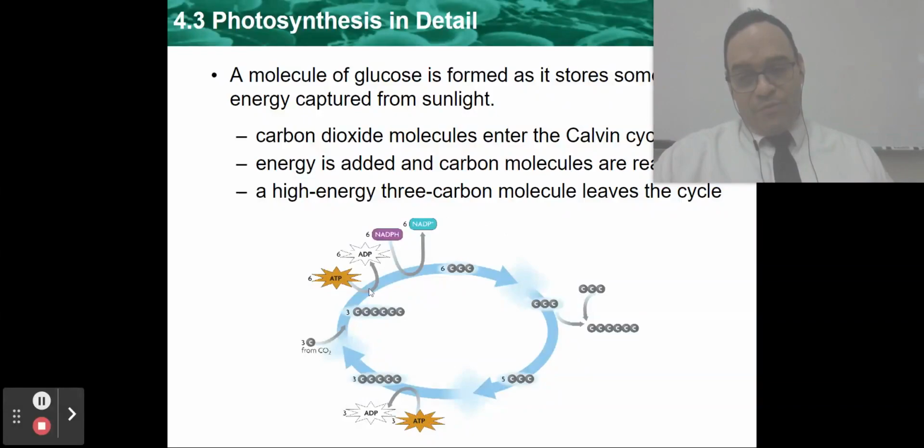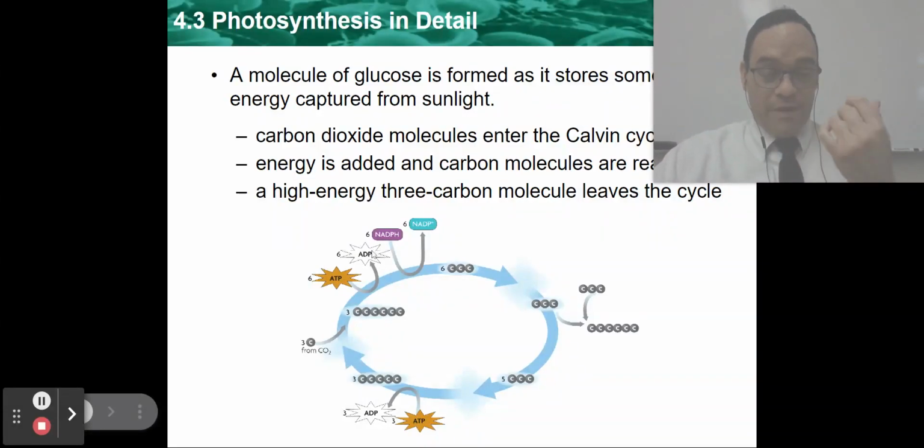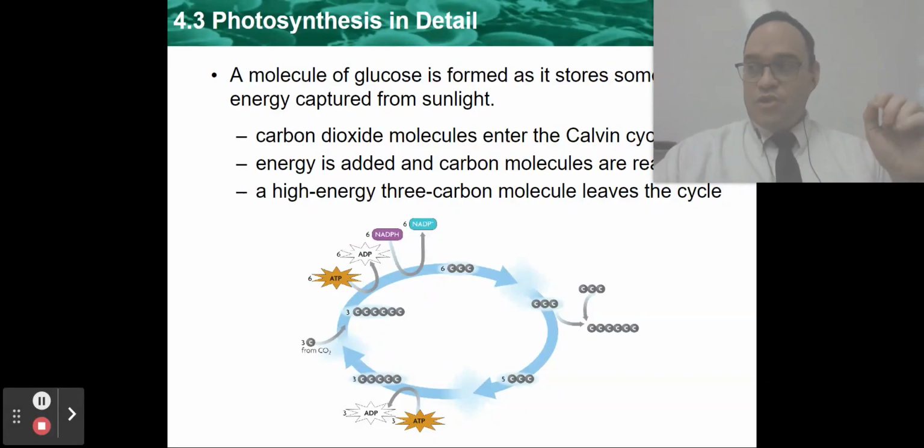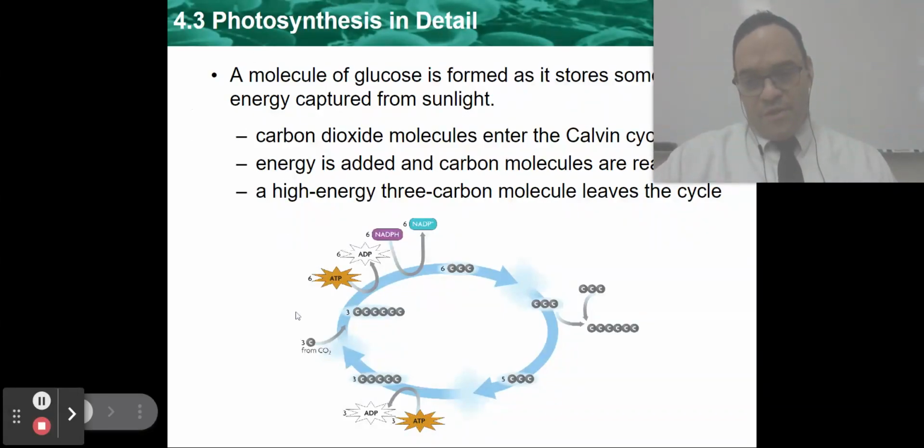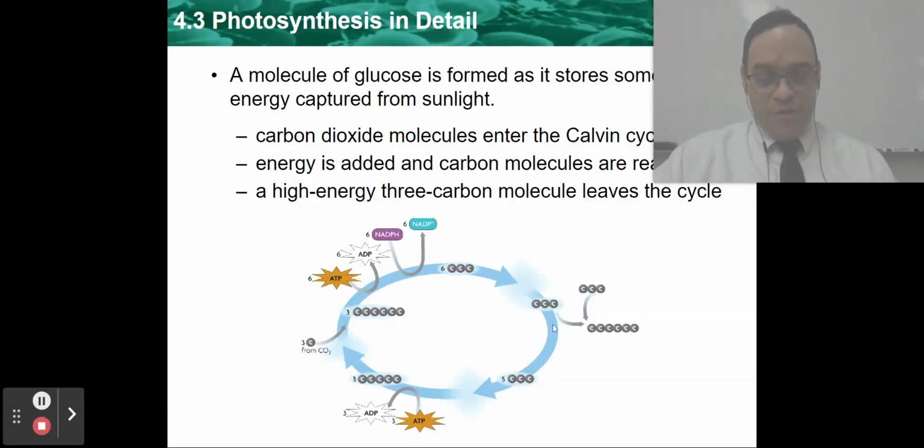Now, after you add 3 carbons, you also add 6 ATP, 6 units of energy, right? And 6 NADPHs, 6 electrons that are brought in. So between the electrons and the ATP, these 3 CO2s are able to attach and form a unit that could then separate one set of carbon out.